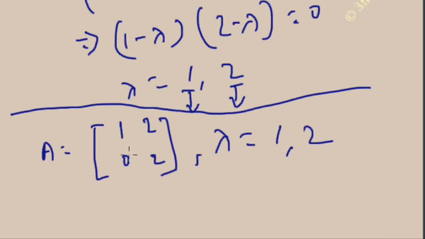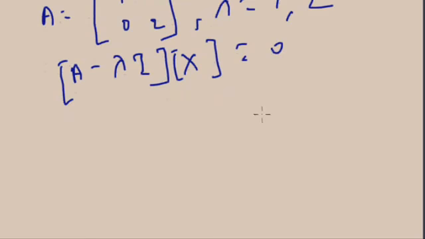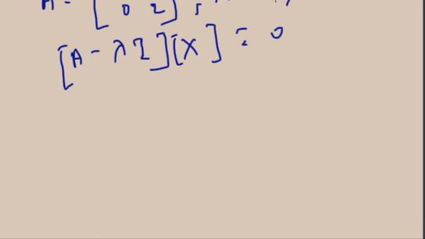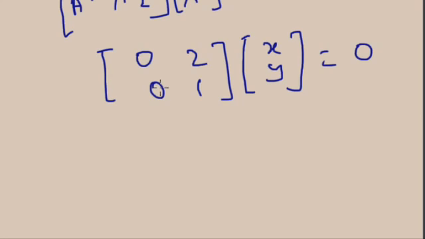Now A is this matrix and lambda is 1 and 2. Solve A minus lambda I into x is equal to 0 to find the eigenvectors. First I will put 1 as lambda. So 1 minus 1 is 0, and 2 minus 1 is 1. So the matrix 0 2, 0 1 times x, y is equal to 0.